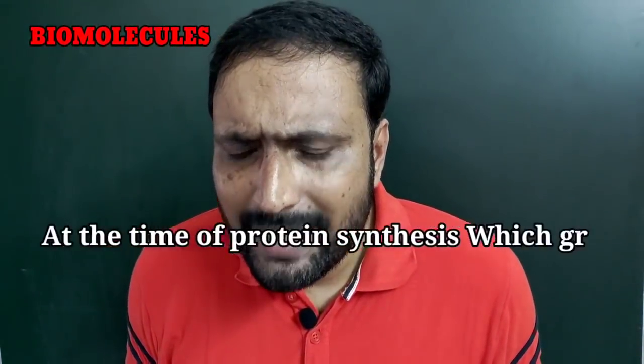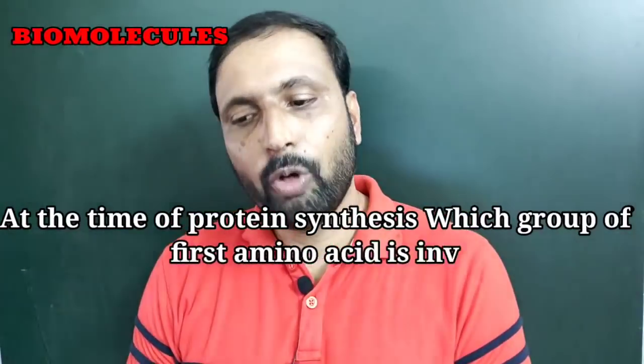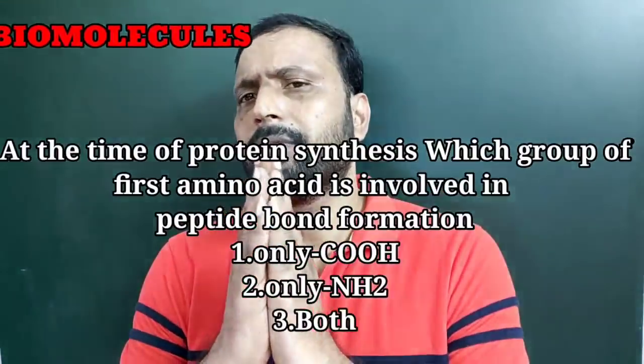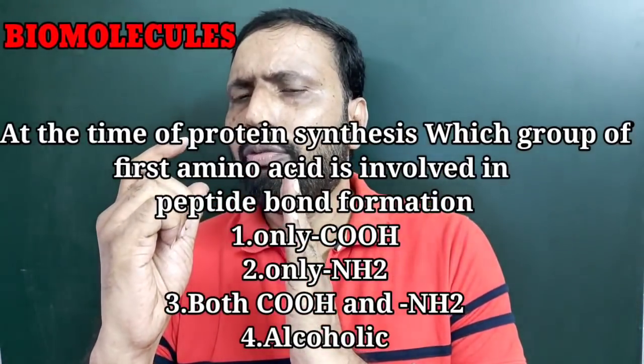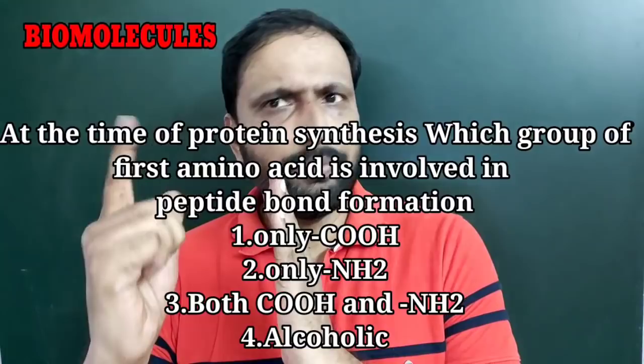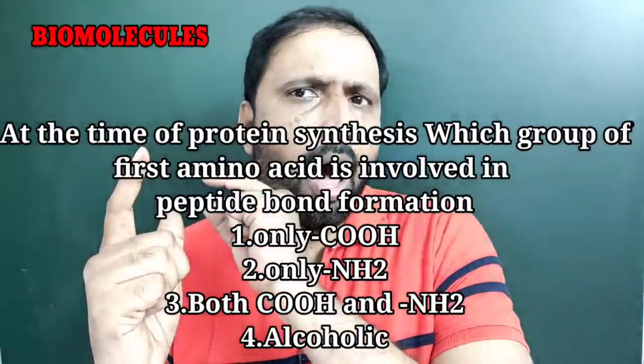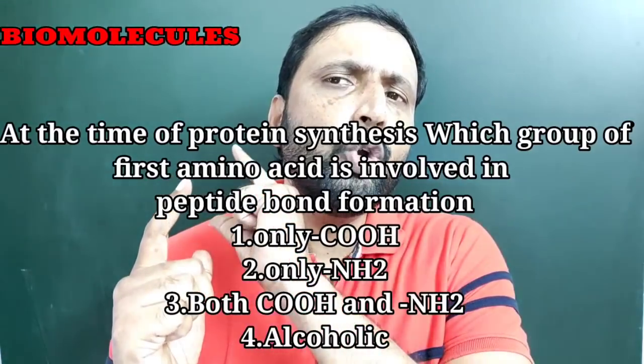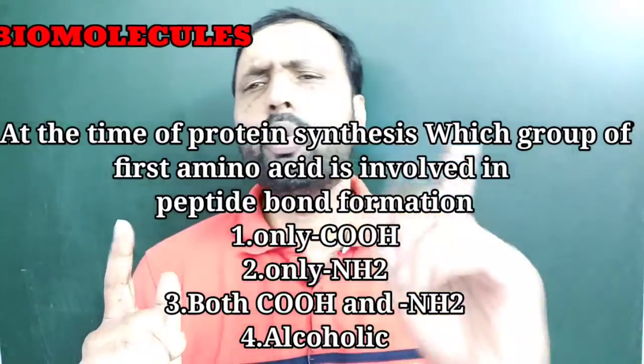At the time of protein synthesis, which group of first amino acid is involved in peptide bond formation? Yes, definitely. Carboxyl group of first amino acid, you just observe there. Always peptide bond formation takes place between carboxyl group of first amino acid and amino group of second amino acid.